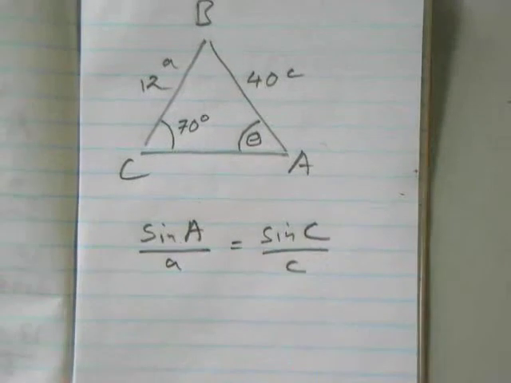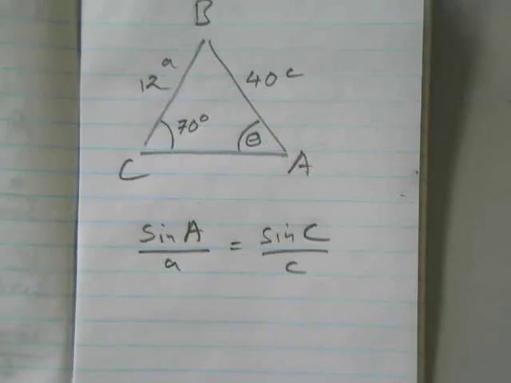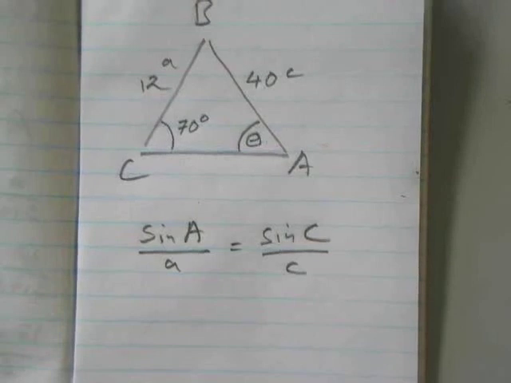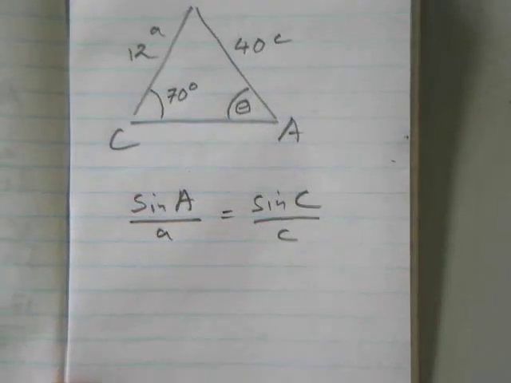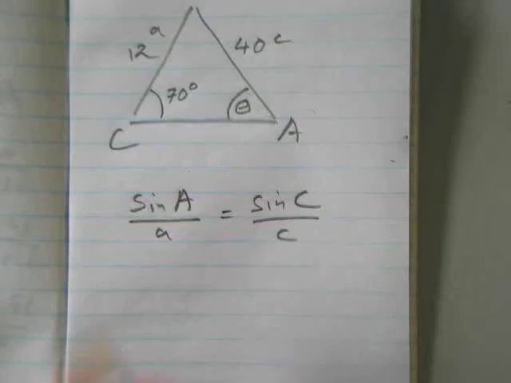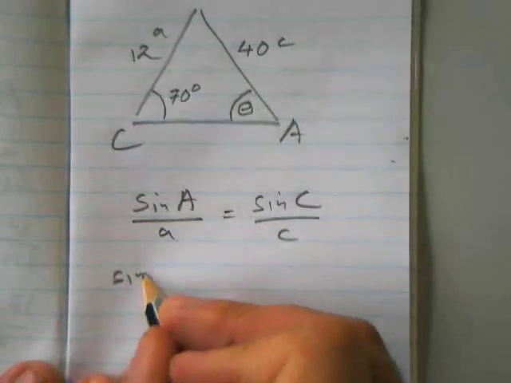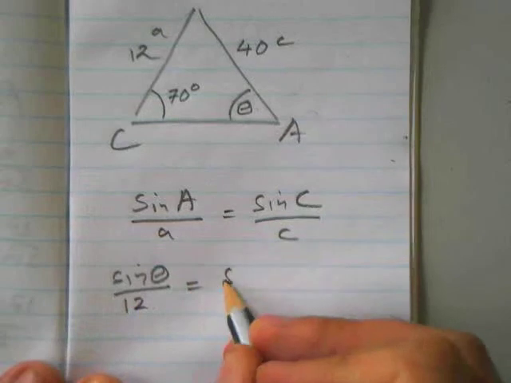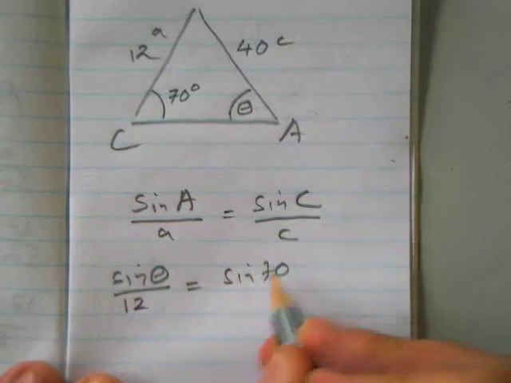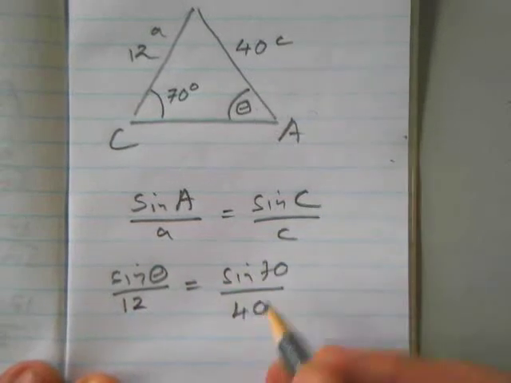Because I want to find the angle, I've put the angle on the top. You don't actually have to, but it's a lot easier. Having written down our rule, we just wallop the numbers in again. So we can now write sine theta divided by 12 equals sine 70 divided by 40.